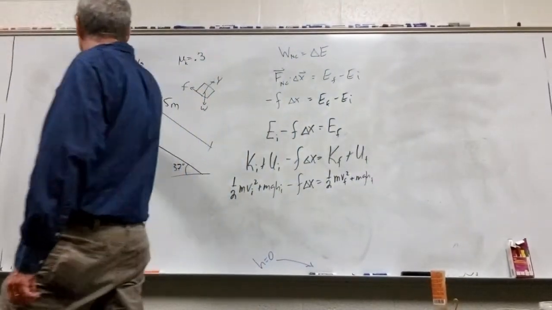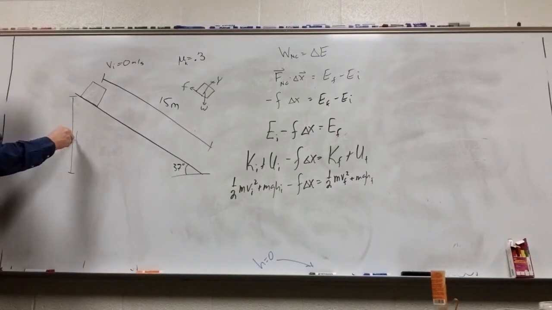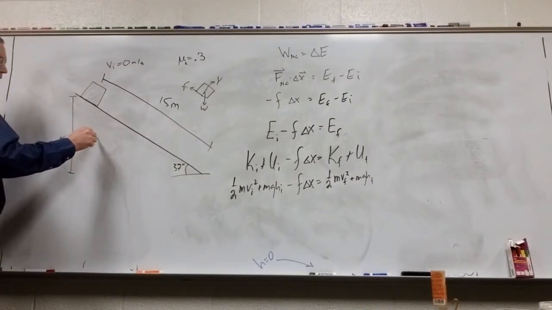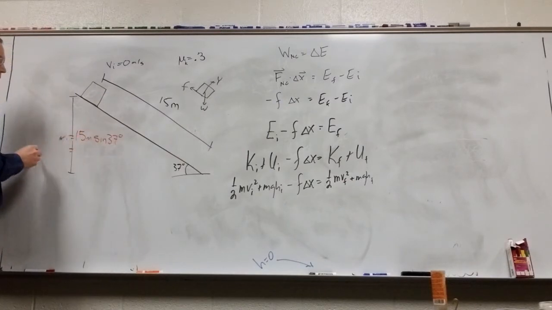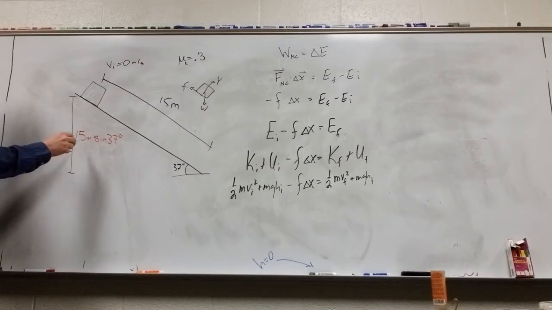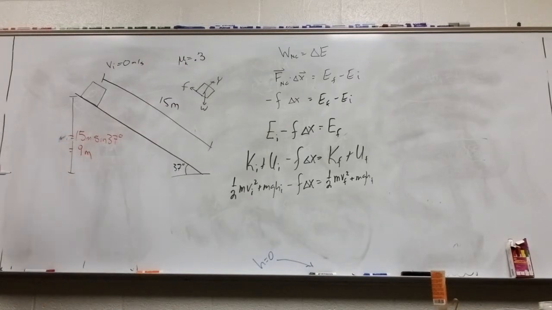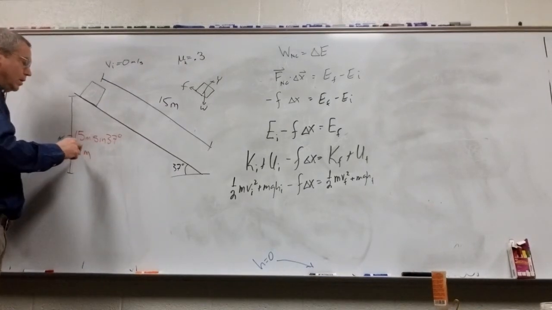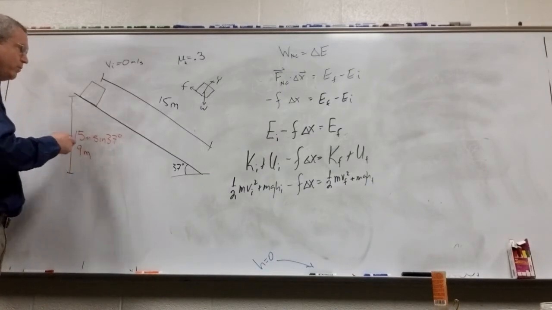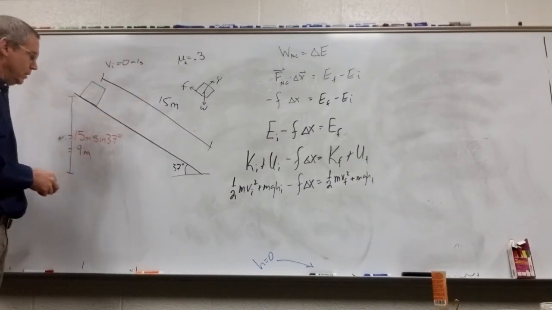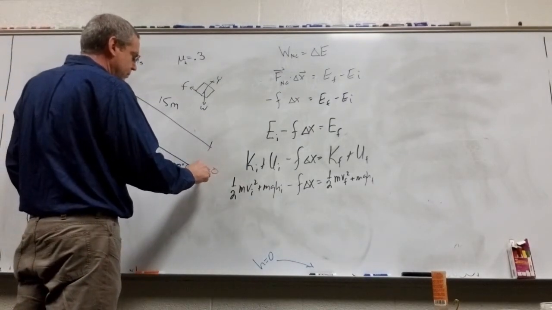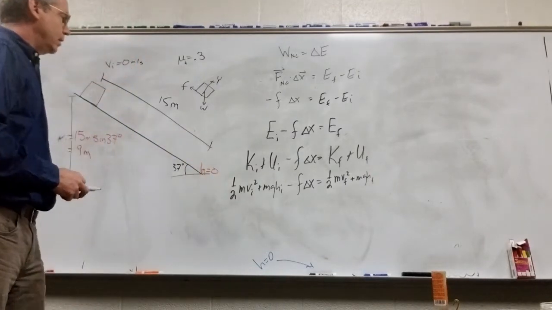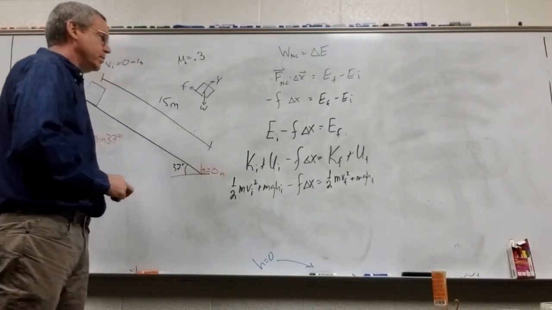So the height, this distance right here, is going to be the hypotenuse times the sine of 37 degrees, which should be 9 meters. Roughly 9. It should be a 3, 4, 5 triangle, so it should be 9, 12, 15. I'm going to make h equal to 0 at the bottom, 0 meters for the purists.